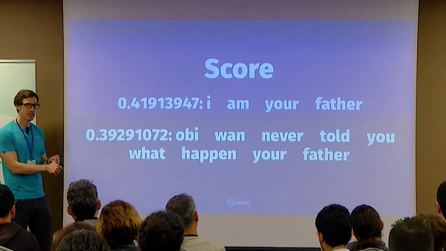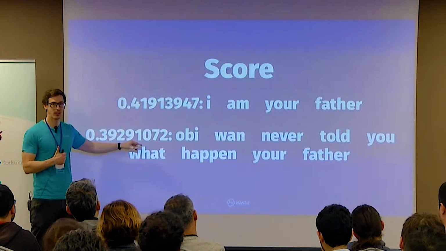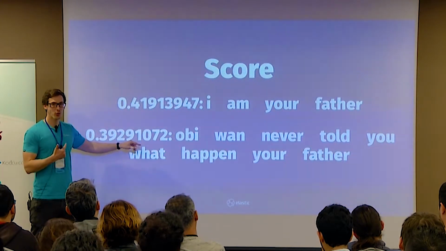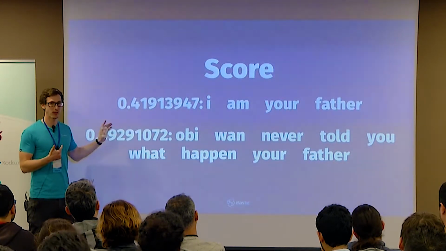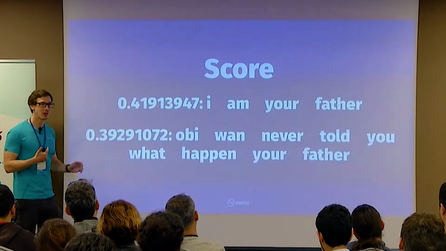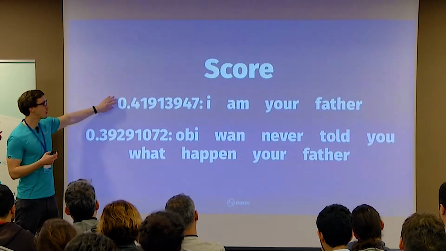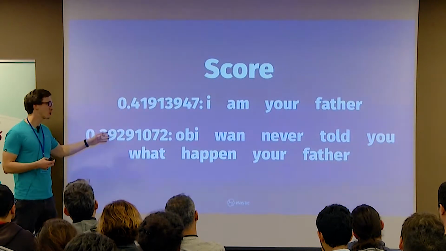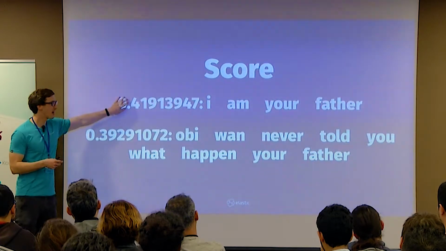So the term frequency is the same. Both contain father once. The inverse document frequency is also the same because we're just searching for father, so that doesn't make a difference. The only difference here is the length, and you can see this contains fewer tokens than that one. The difference is also quite minor, but that is the only reason why that one is rated higher than the other one.